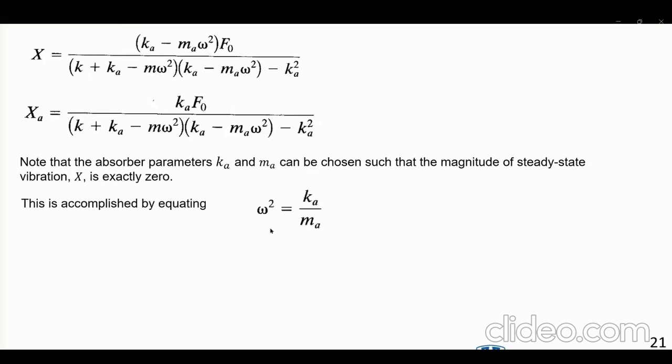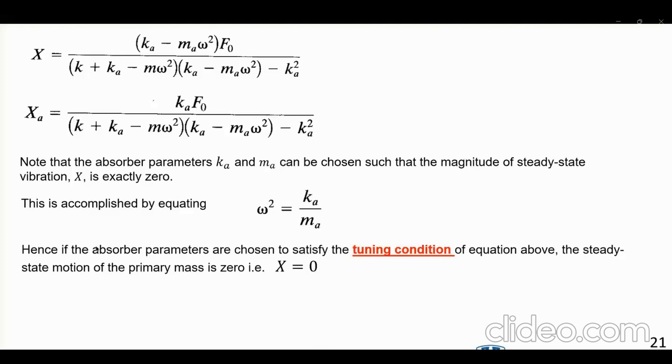So the moral of the story is that if you make this thing zero, which means if you choose your Ka, that spring stiffness, and the mass of the absorber and the stiffness of the absorber spring, such that it's equal to omega squared, now remember, we know omega, then you know that the main machine doesn't move at all, but the absorber will move.